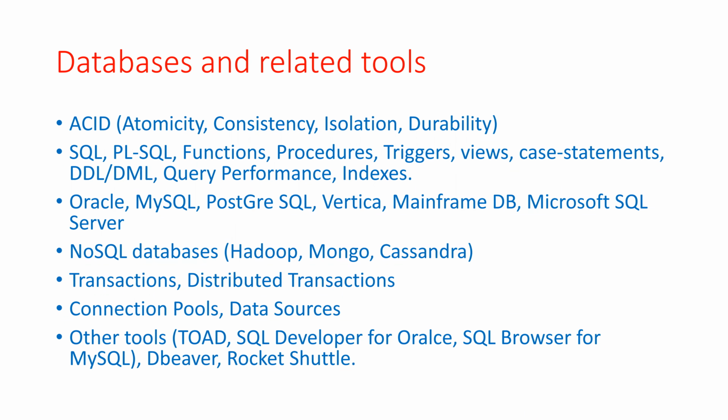Because when you are developing a Java program and it is going to connect to a database and do some kind of database transactions, you as a Java developer must know how the database works, what a transaction means, what atomicity means, what consistency means, what isolation means. These are the different things you need to know. You don't have to be an expert in these things, but these are the basics you have to understand if you are planning to portray yourself as a Java developer.